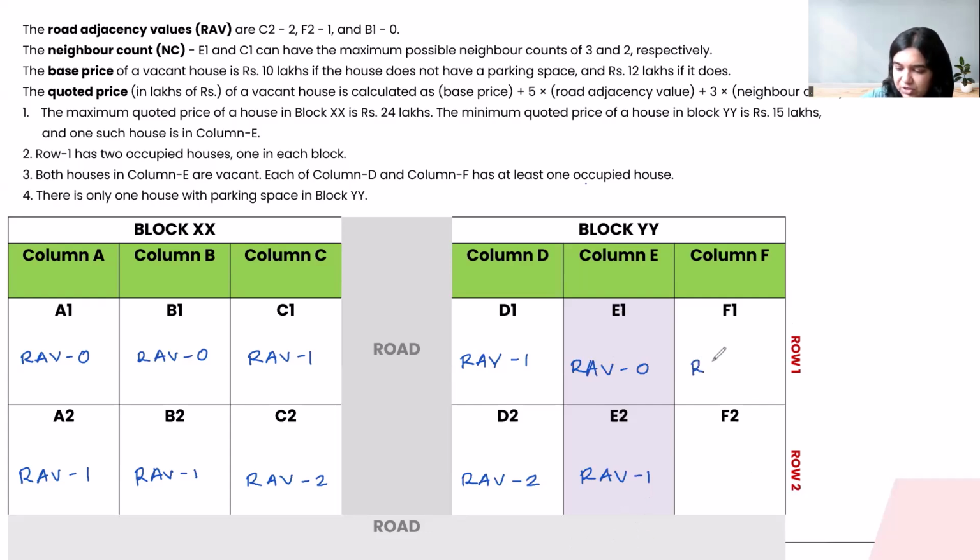For F1, there is no adjacent road, so the RAV will be 0. And for F2, the RAV will be 1. Now that we have established the road adjacency values of all the houses, let's go to the next bit.